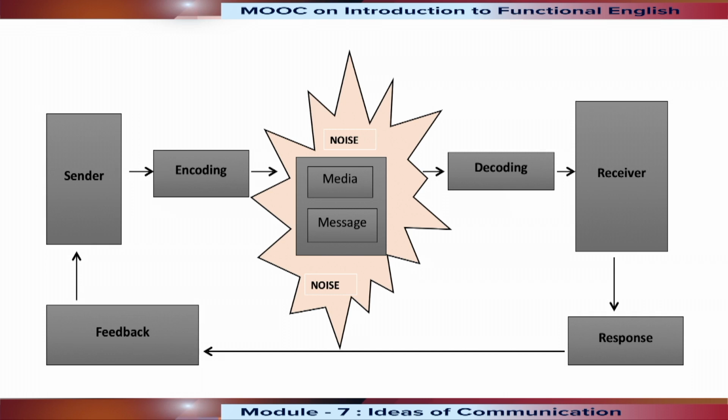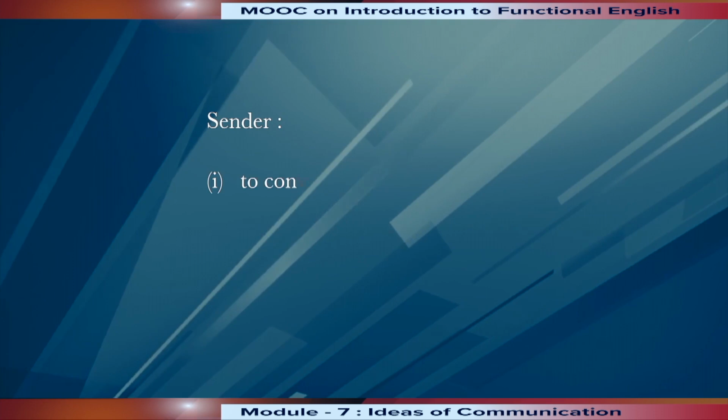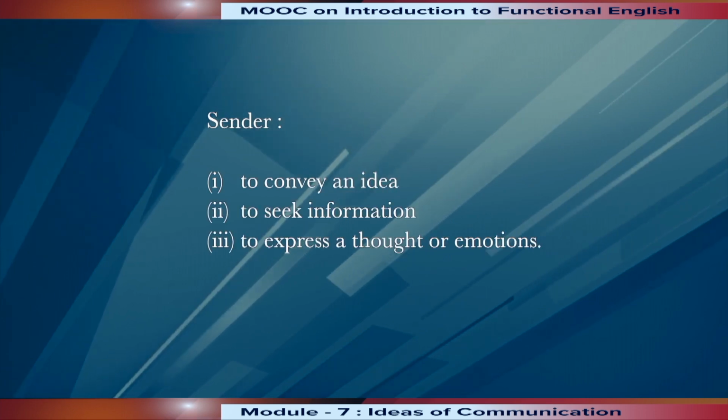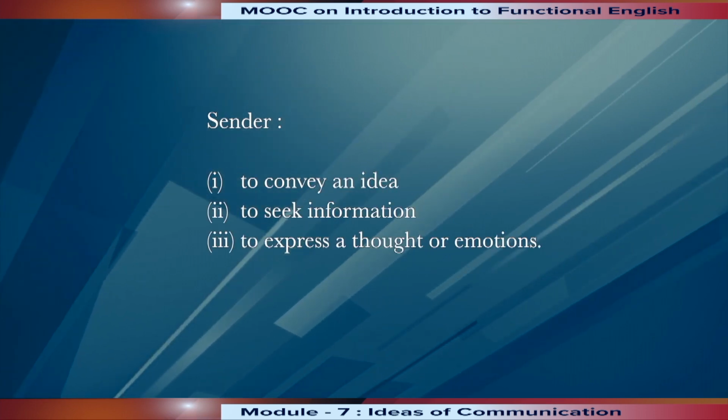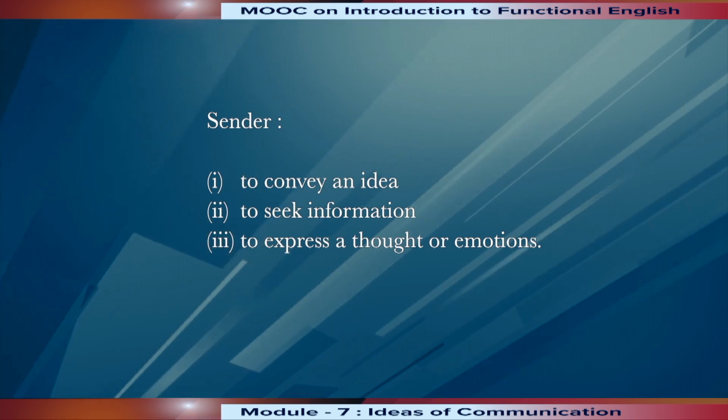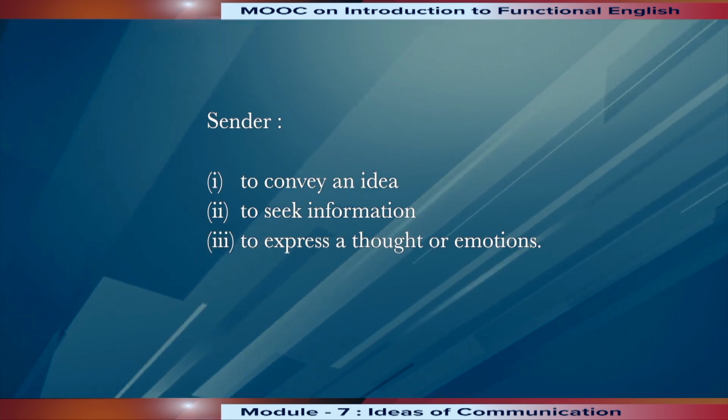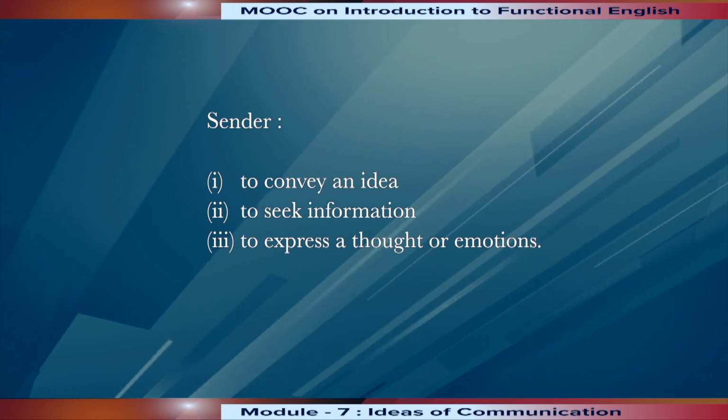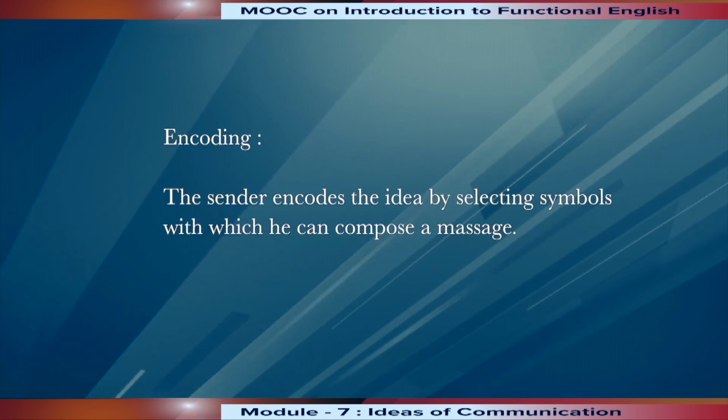So the basic process of communication involves certain steps that you are seeing in this diagram. Let us now discuss the steps one by one. First, there should be a sender. The sender is anyone who wishes to convey an idea, to seek information, or to express a thought or emotion. Then, encoding.